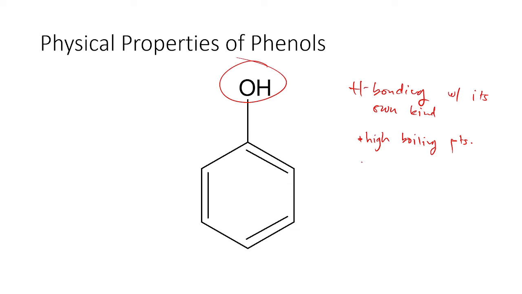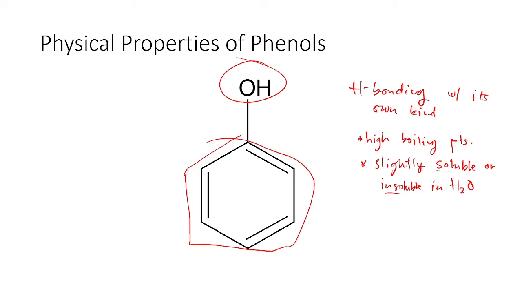And as we have stated earlier, phenols are actually slightly soluble, or in some cases insoluble, in water. And bakit siya insoluble or slightly insoluble sa water? Gawa ng ating large na benzene ring.